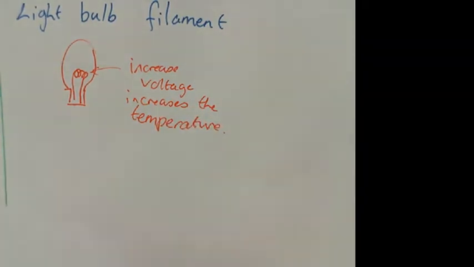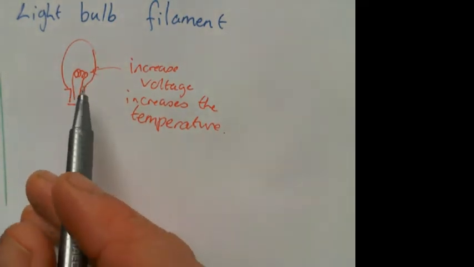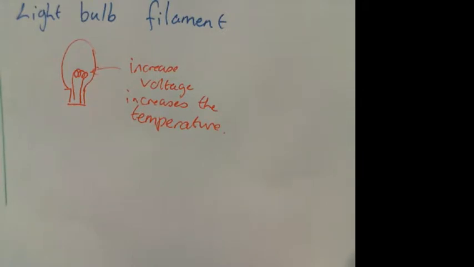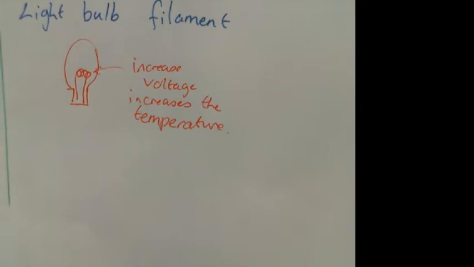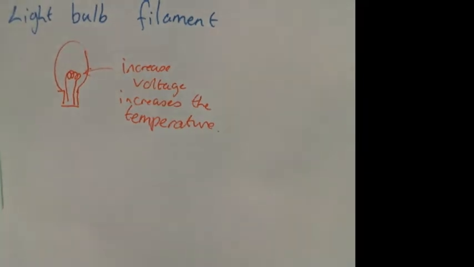So what effect does that have? That's the way that these light bulbs work. When they get hot, they start to glow and emit light, because they get white hot. But what effect does that have on the amount of current and the voltage that's going through them?